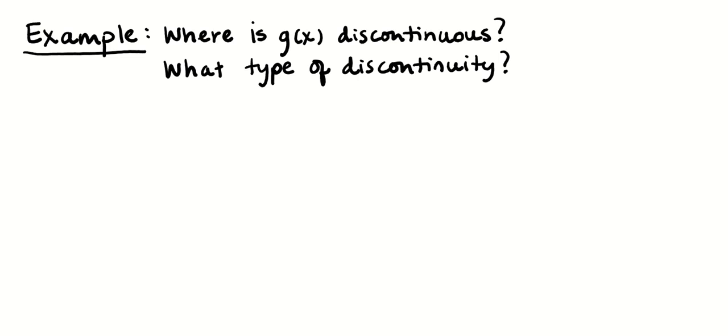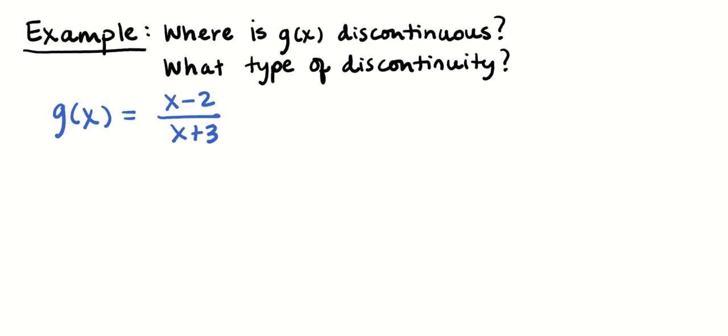All right, so the first example I want to talk about is just like what x values make the function discontinuous and what kind of discontinuity are we looking at. So let's just say g of x equals x minus 2 divided by x plus 3. Okay, we know that division by 0, that's definitely a no-no in this class and in most math classes, right?